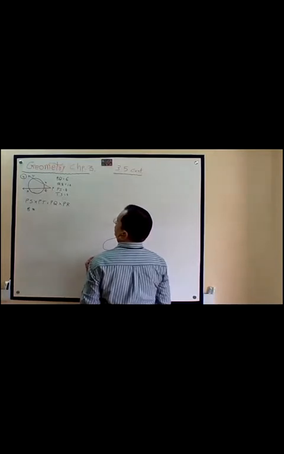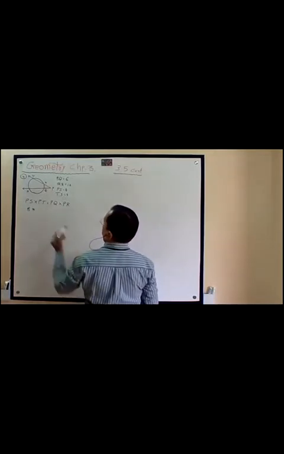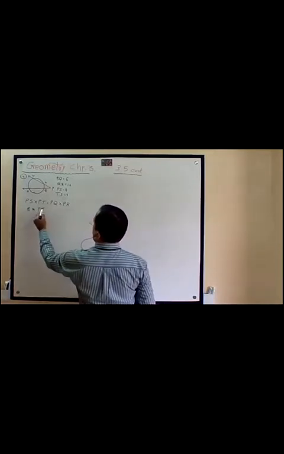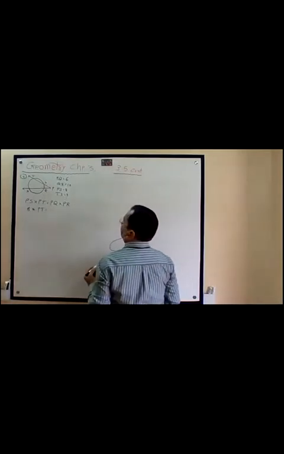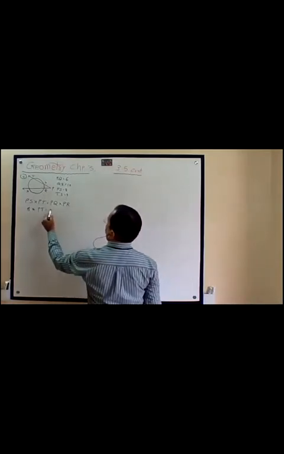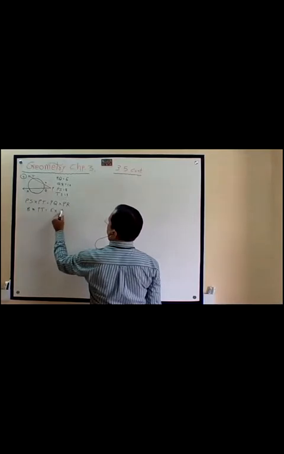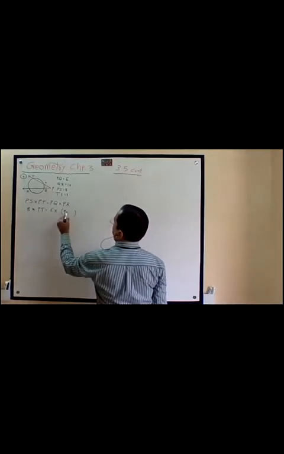PT, it is not given. PQ, it is given 6. PR is PQ plus QR.